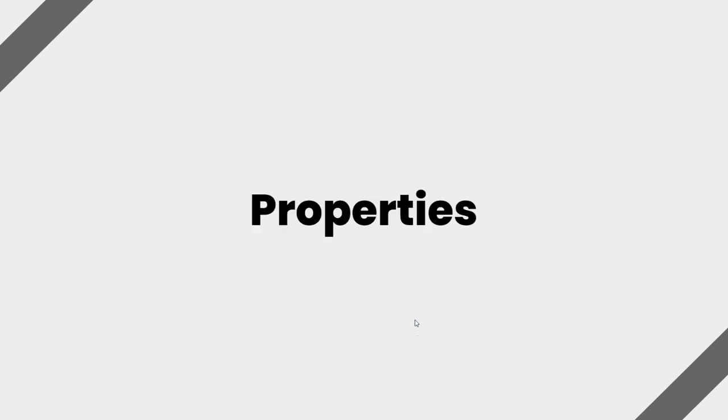So for the last section of today's class, we have properties. Under this section, we'll be seeing the properties of the DOM, and we'll also see its connection with the document and the methods we saw previously.